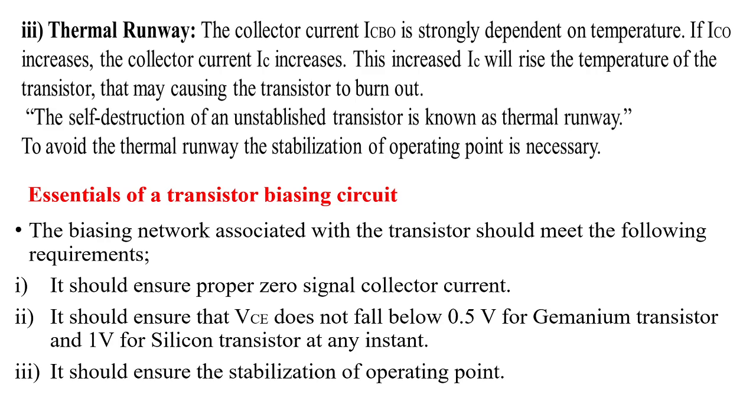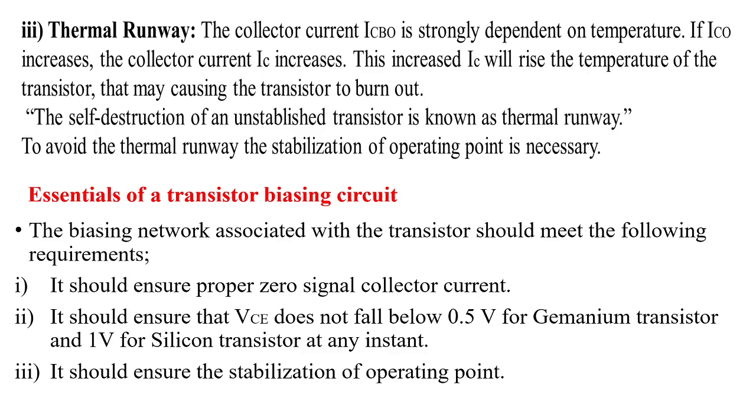This increased collector current further raises the transistor temperature, which further leads to an increase in ICBO. This effect is cumulative, and very soon the collector current may become very large, causing the transistor to burn out.